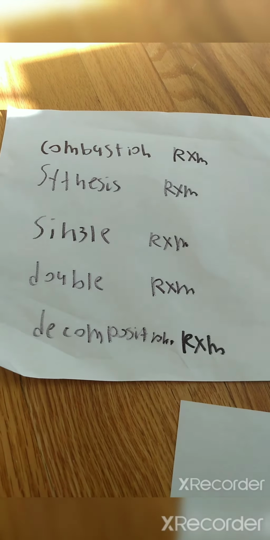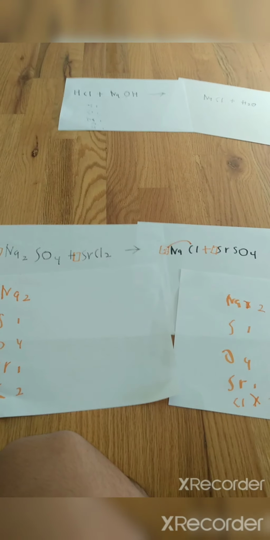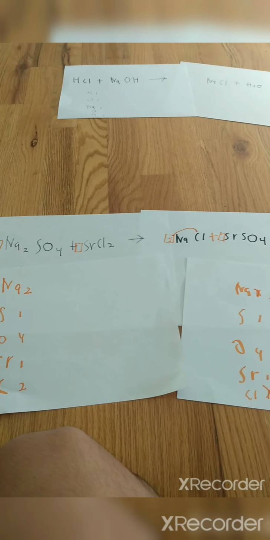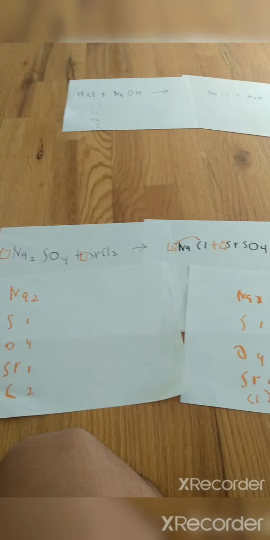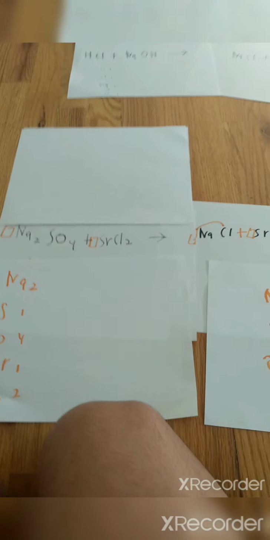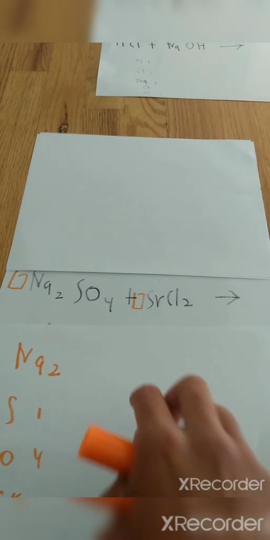That 2 is also affecting chlorine, so now chlorine is going to be balanced. Chlorine has 2, chlorine has 2. Strontium 1, strontium 1. Oxygen both have 4, and sulfur both have 1. This formula is now balanced. And nice, we solved the formula and we balanced it.